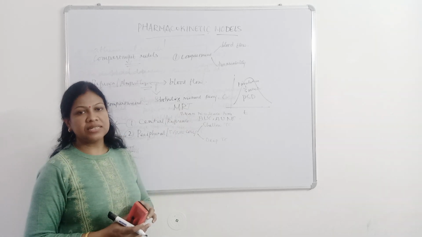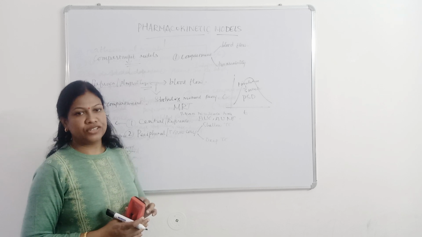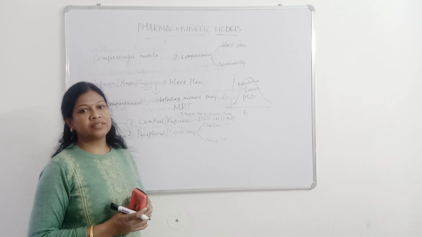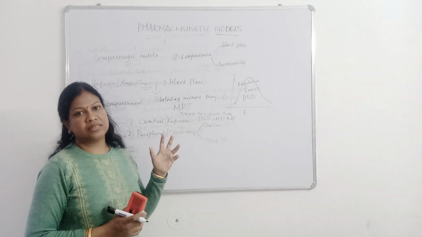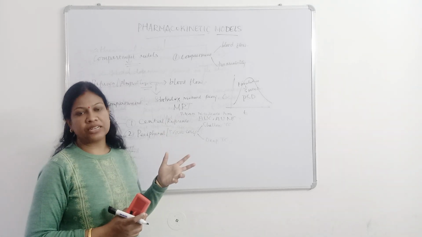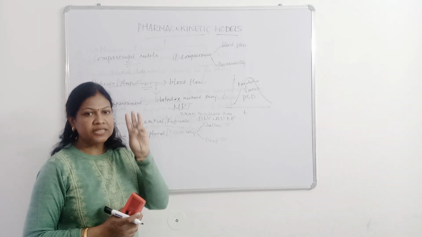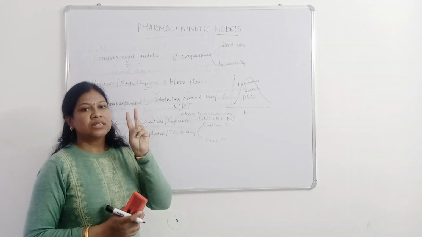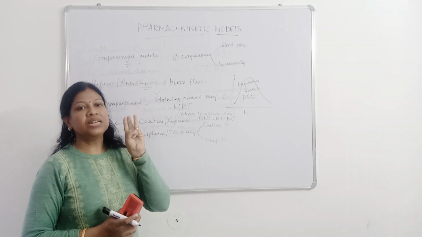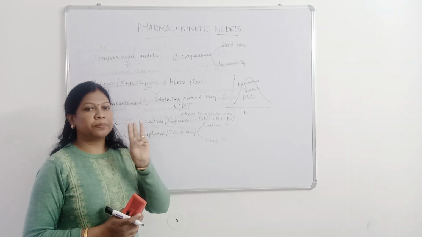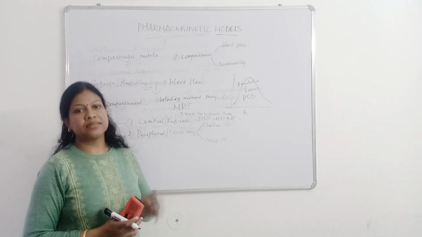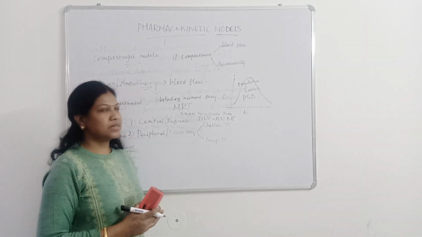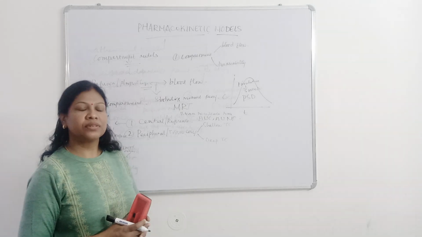That will be discussed in further videos. Today we discussed the general classification of pharmacokinetic models, which includes 3 models: the compartment model, the perfusion or physiological model, and non-compartmental analysis. We'll discuss the details in further videos. Thank you.